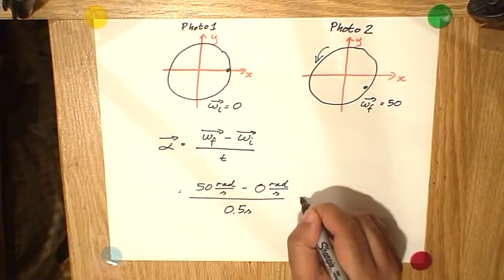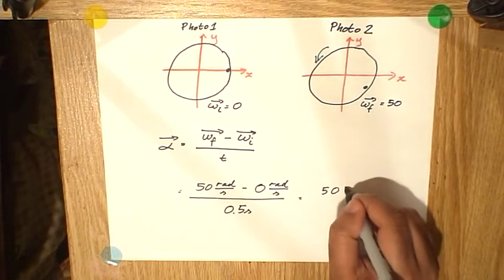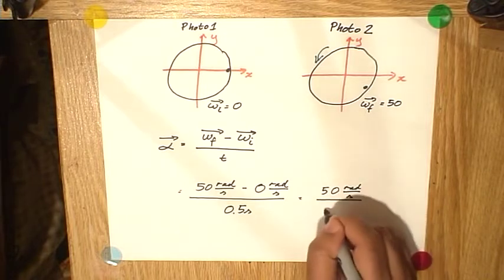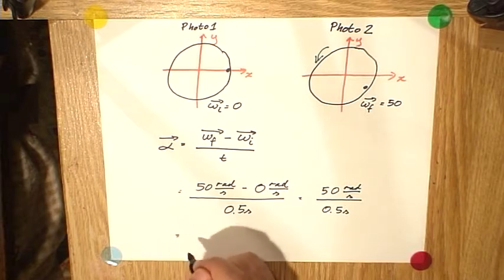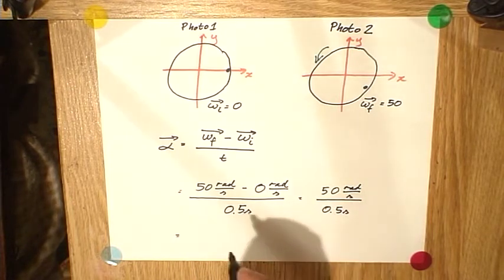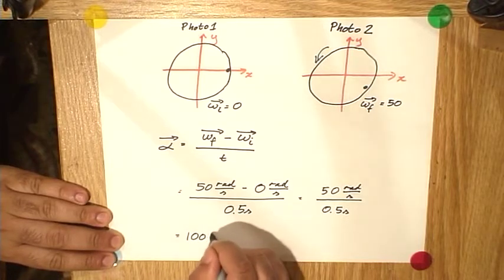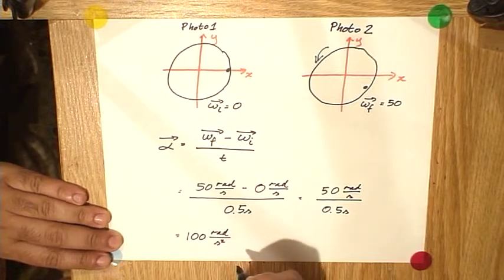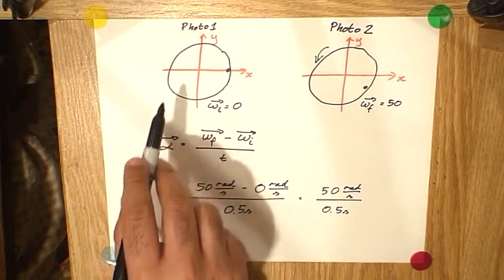So, this is now going to become 50 minus 0 is 50 radians per second divided by 0.5 seconds, which is equal to 50 divided by 0.5. That's going to give us 100 radians per second squared.